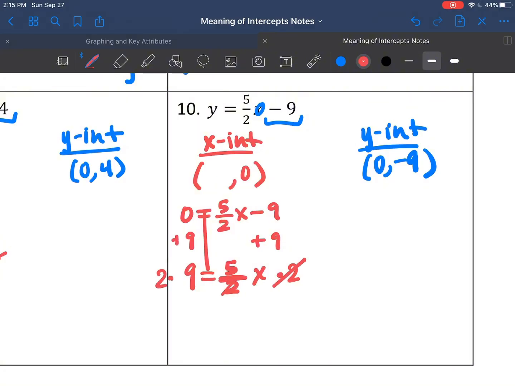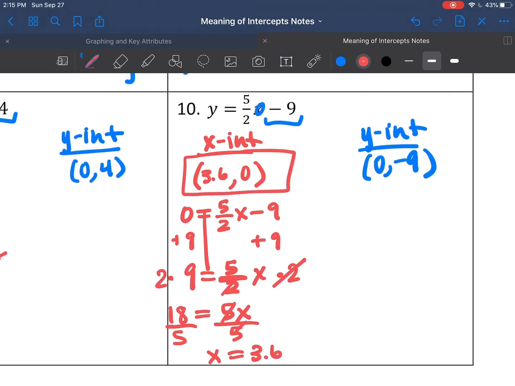And then multiply both sides by that divided by 2, giving me 18 equals 5x. Divide both sides by 5. And so x equals, I'm going to use my calculator, 3.6. You could also leave it as a fraction, 18/5.